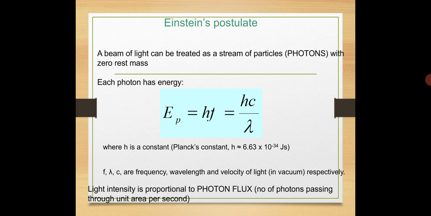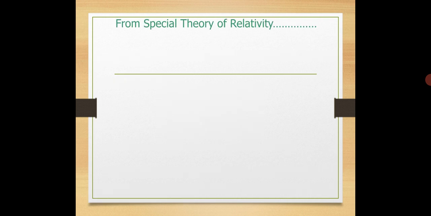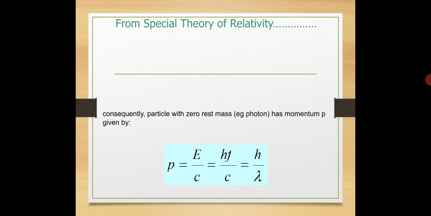Light intensity is proportional to the photon flux, the number of photons passing through unit area per second. From the special theory of relativity, consequently a particle with zero rest mass, for example a photon, has momentum p.